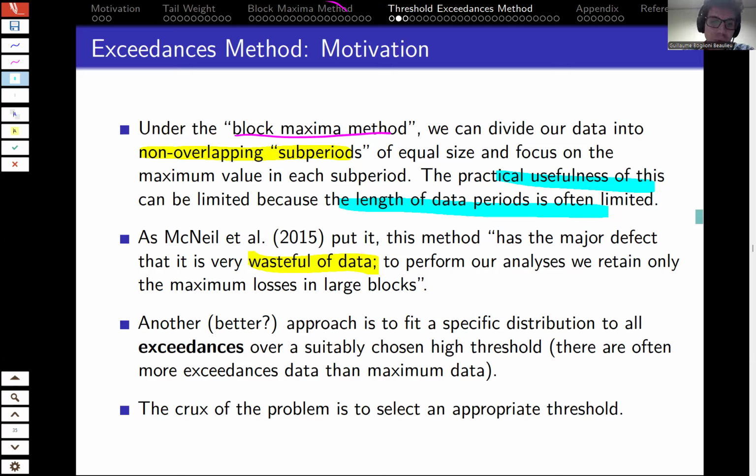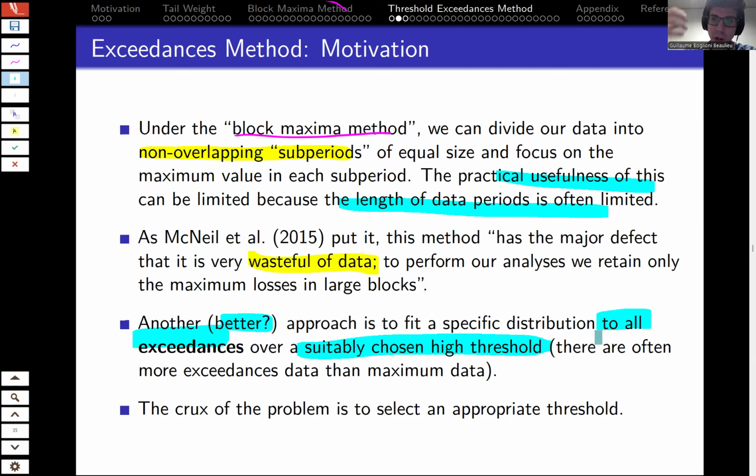So another potentially better approach is to fit a specific distribution not to maxima, but to all exceedances over a suitably chosen high threshold. In the example of the stock market losses, maybe you want to say that a daily loss of, I don't know, 2% or more, that's big enough.